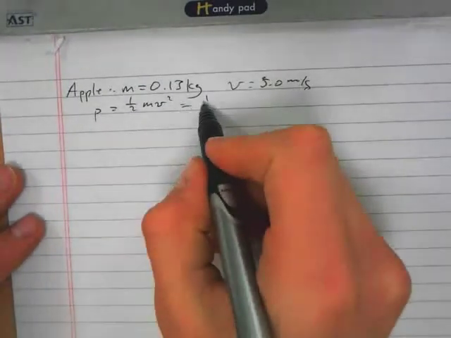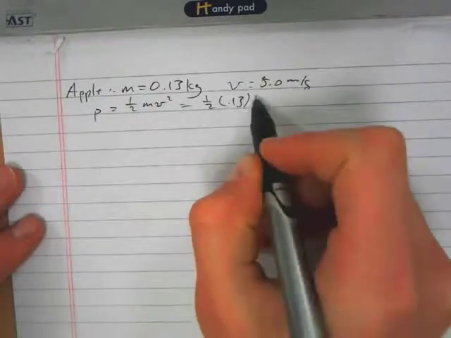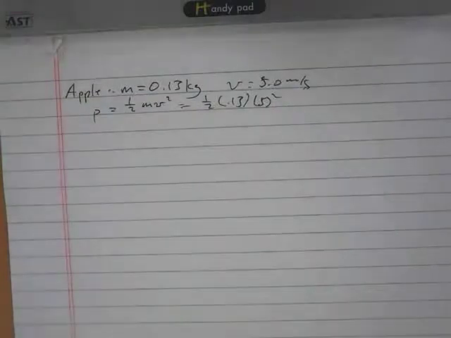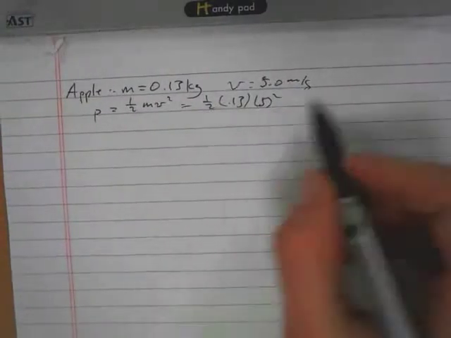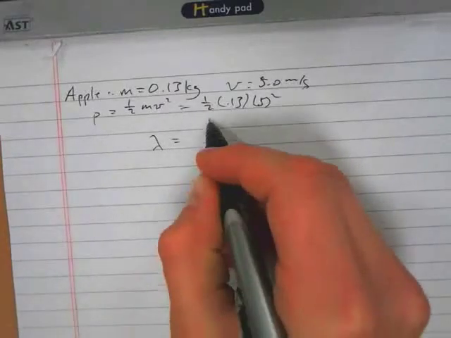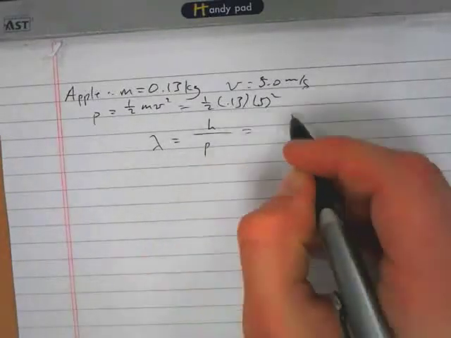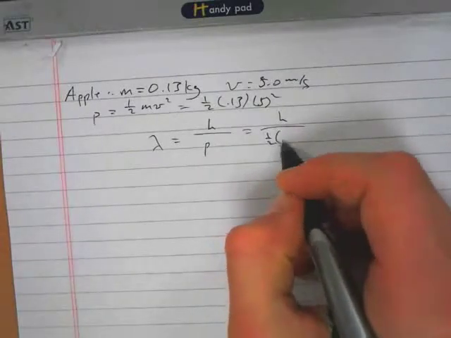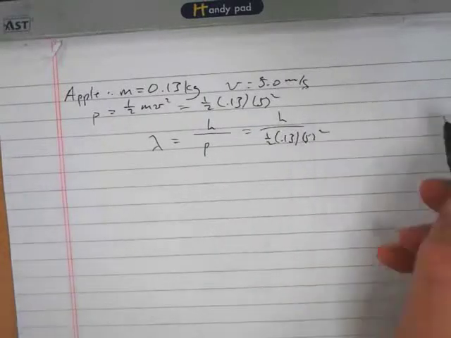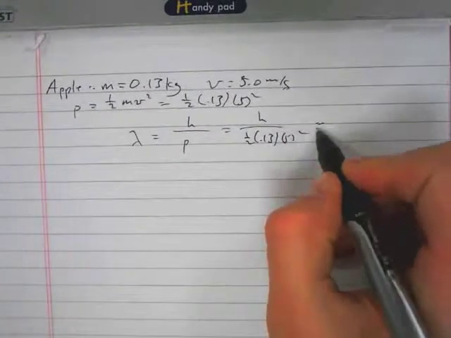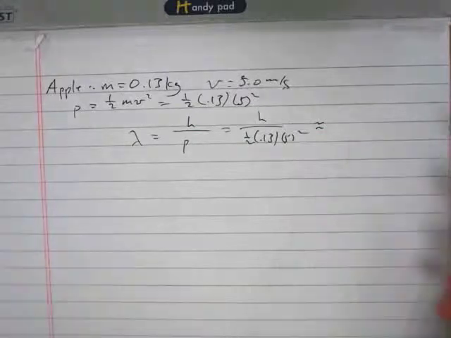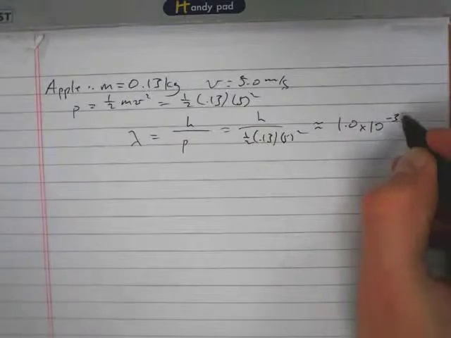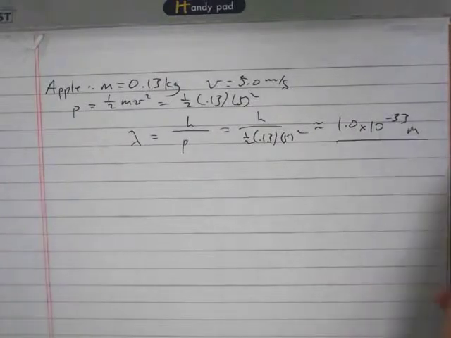The de Broglie wavelength is h over momentum, so we've got Planck's constant over 0.13 times 5. If we plug those numbers in, we get a de Broglie wavelength for this apple of about 1.0 times 10 to the minus 33rd meters.